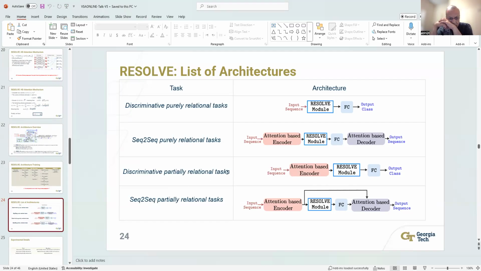For the partially relational task, we have an attention-based encoder followed by the ReSolve module and then a fully connected layer. And for the sequence-to-sequence partially relational task, we have an attention-based encoder followed by the ReSolve module, then a fully connected layer, and the attention-based decoder. The attention-based decoder will take as input the output of the fully connected layer plus the output of the attention-based encoder, because it relies more on the object-level feature.